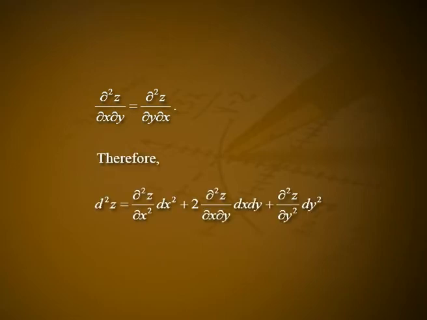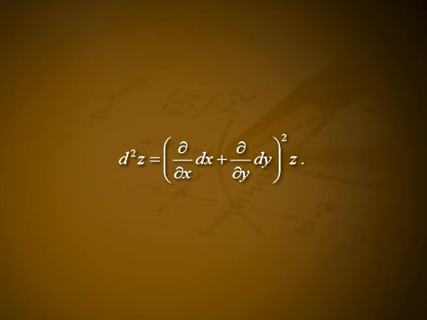Therefore, d²z = ∂²z/∂x² dx² + 2 ∂²z/∂x∂y dx dy + ∂²z/∂y² dy², where of course dx² = dx·dx = (dx)², and dy² = (dy)². In operator notation, it may be written as d²z = (∂/∂x dx + ∂/∂y dy)² z.